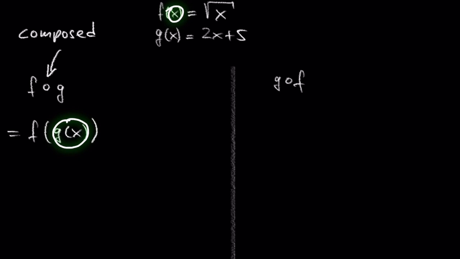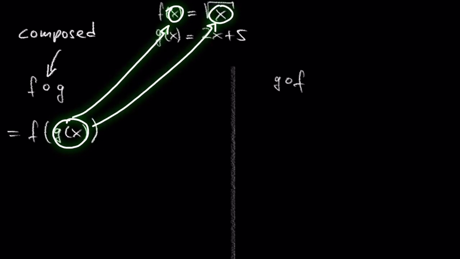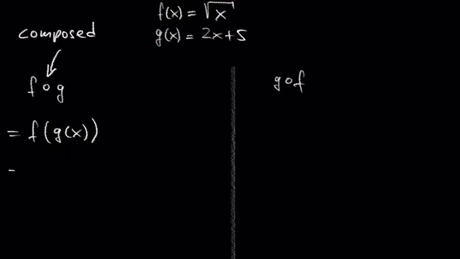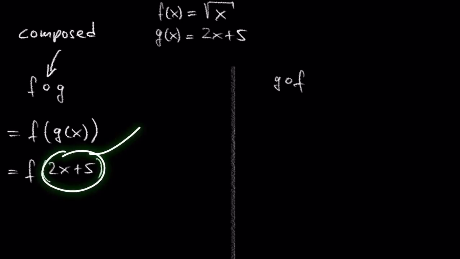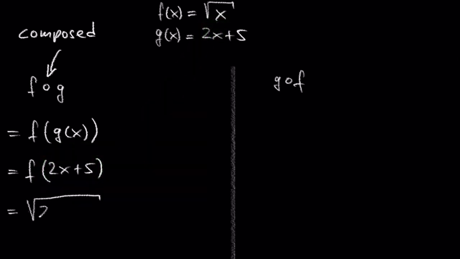So we are going to plug in g of x into the function f everywhere we have an x. So we get f of 2x plus 5, equals the square root of 2x plus 5.